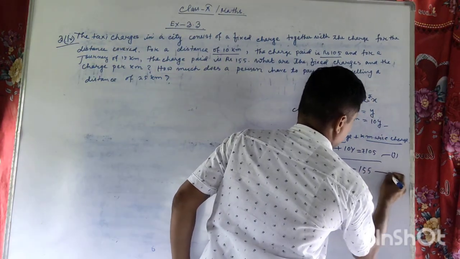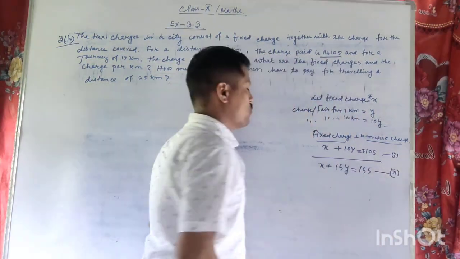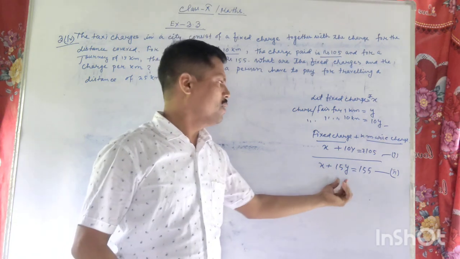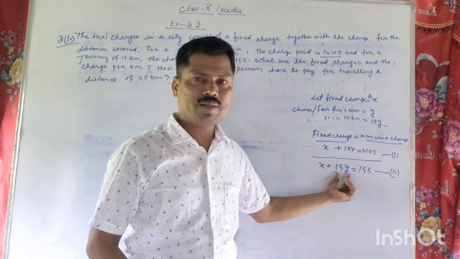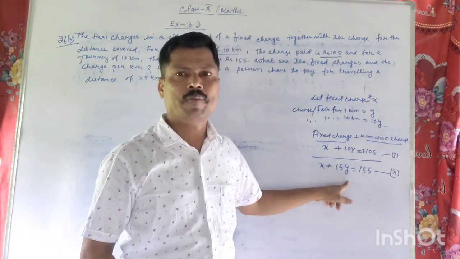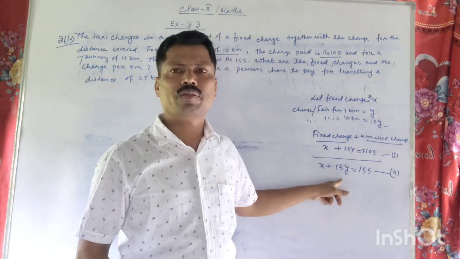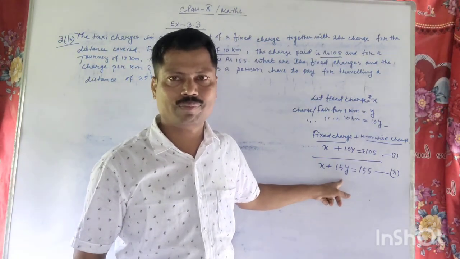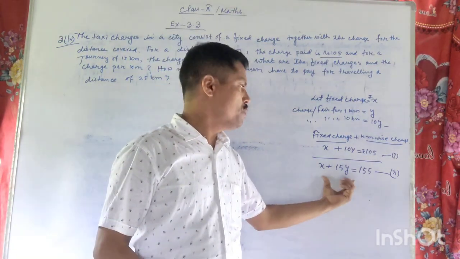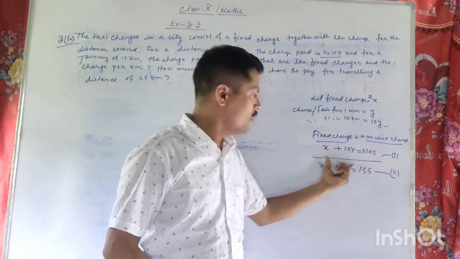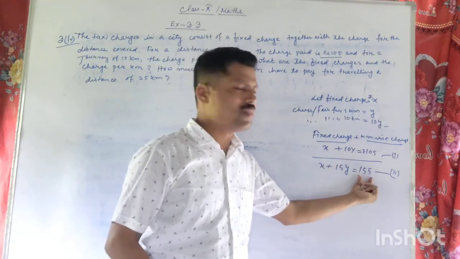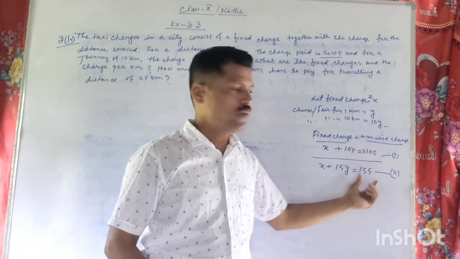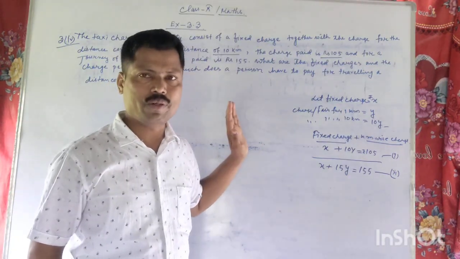So we can write this as equation number 2. Here x is the fixed surge and 15y is the kilometer-wise surge. Per kilometer surge is y, then for 15 kilometers the surge will be 15y, and the total surge we have to pay is 155. So we have prepared two equations.